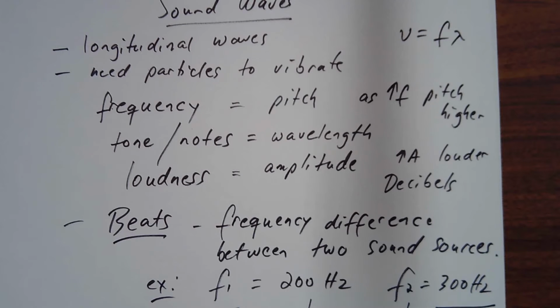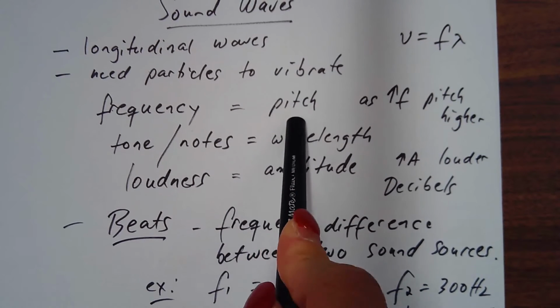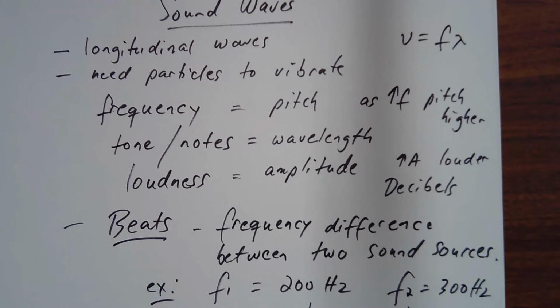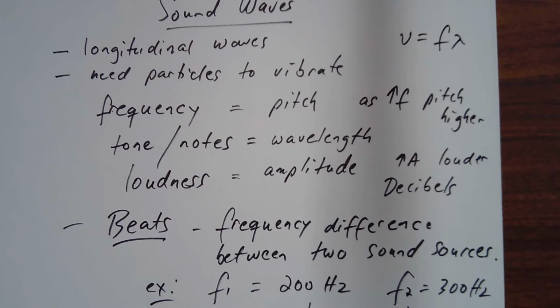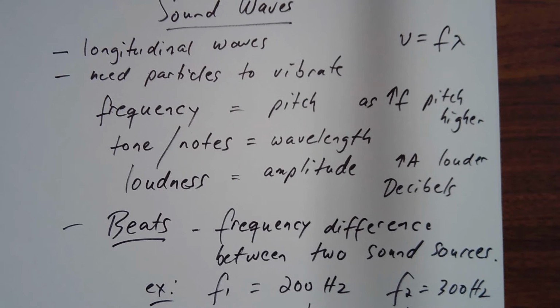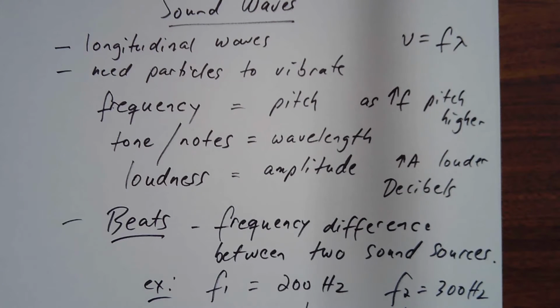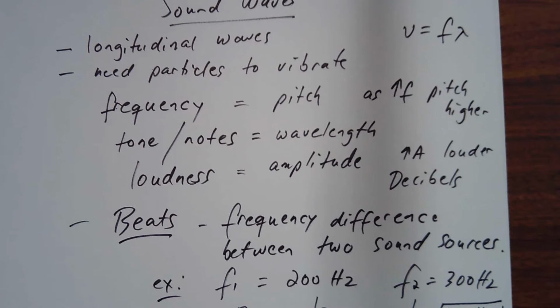That makes sense, right? But what do you notice about the pitch? It got lower? Well, that's when it was just in front of you. But what was happening when it was coming towards you? Was it going higher pitch or lower?